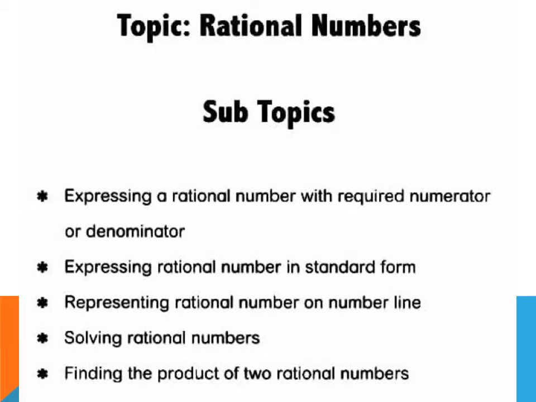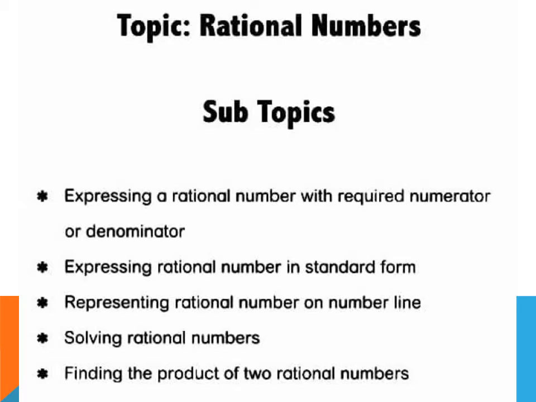So in today's topic, rational numbers, the subtopics are: expressing a rational number with required numerator or denominator, expressing rational numbers in standard form, representing a rational number on a number line, solving rational numbers, and finding the product of two rational numbers.